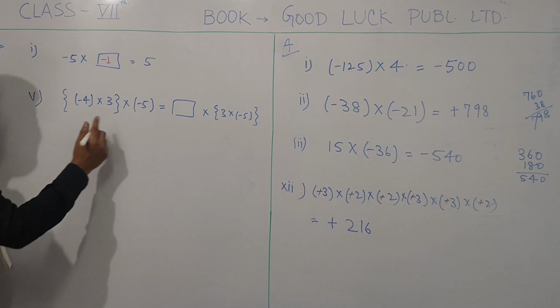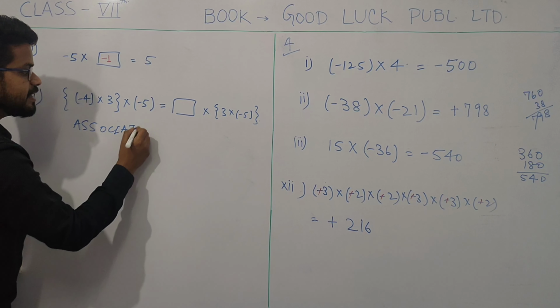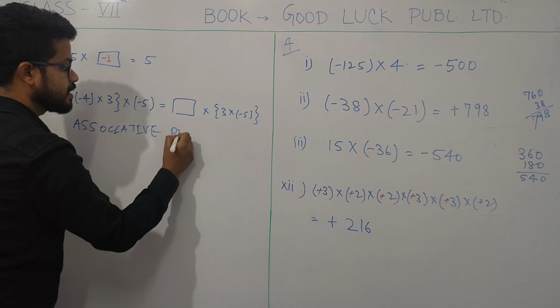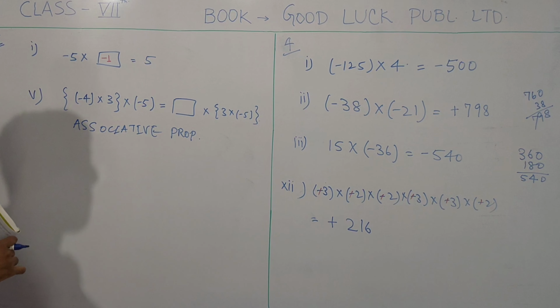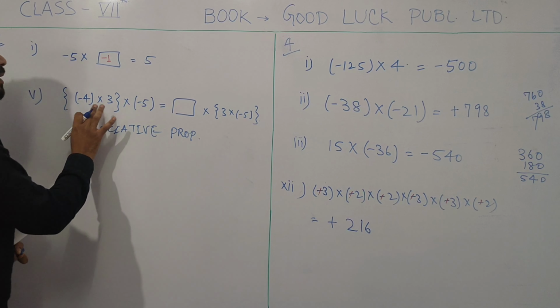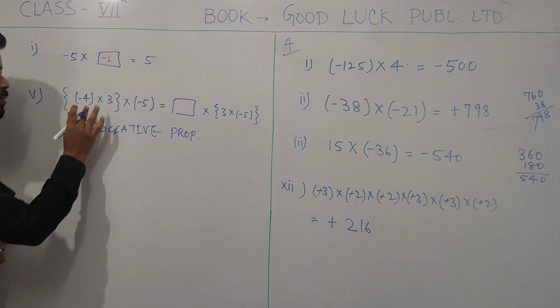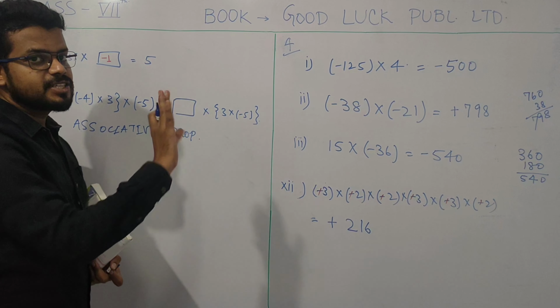Which property did I use? Associative property. And what is associative property? According to associative property, in multiplication, if the grouping is changed, the result does not change.